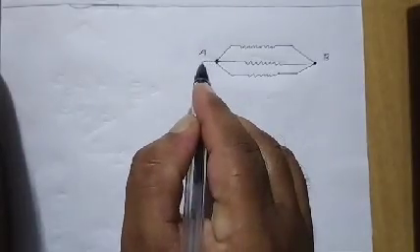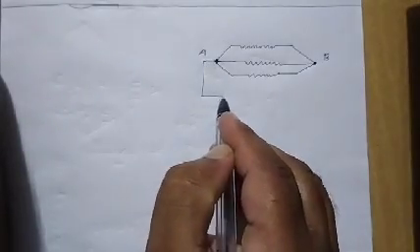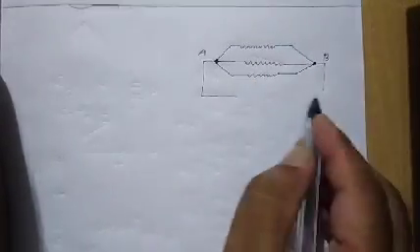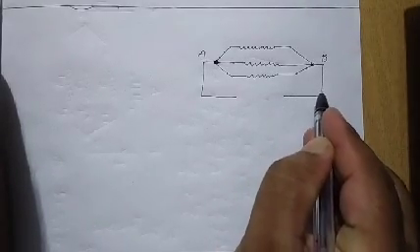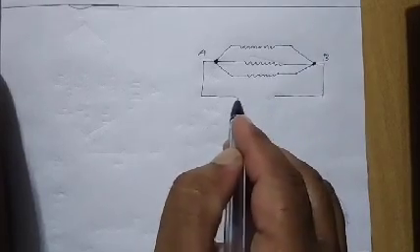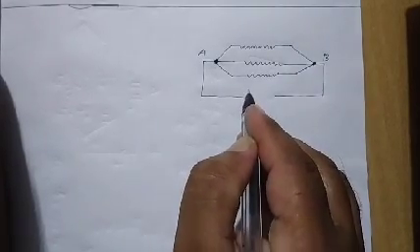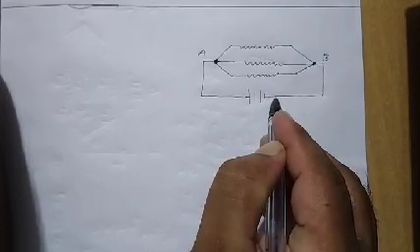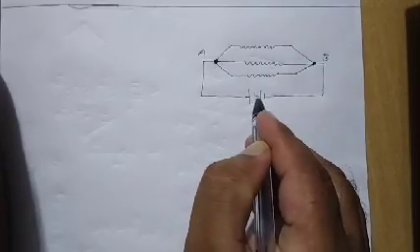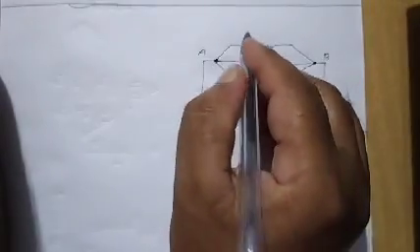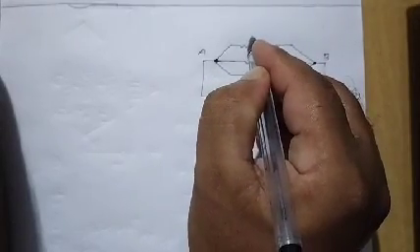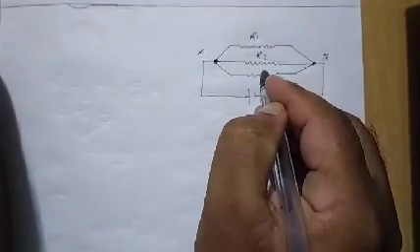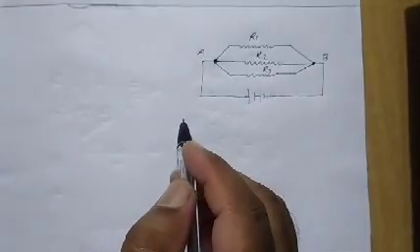So like that, one end of each resistor is connected to one common point, and the other end of each resistor is connected to another common point, and then a potential difference is applied across these two points, that is across A and B. In this case, say the resistances of the resistors are R1, R2 and R3.